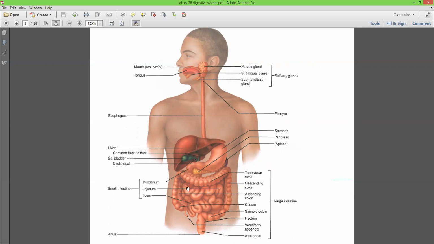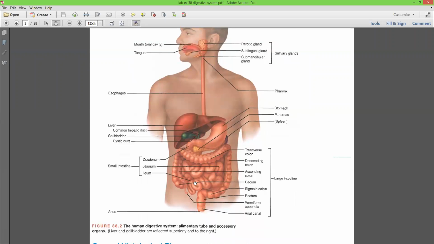Okay, the first part of the small intestine is the duodenum. The second part is the jejunum. And the third part is the ileum. Okay, all of those make up the small intestine.